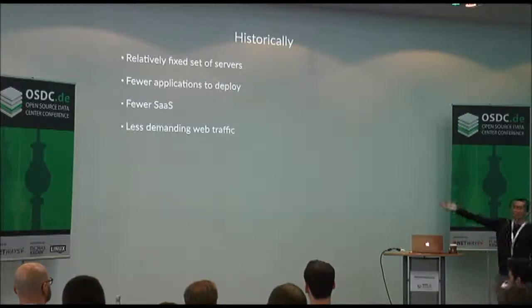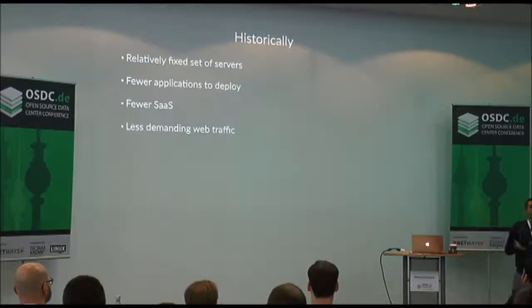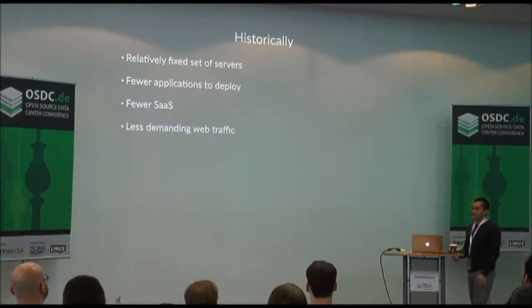And then there's just less demanding web traffic. This is a funny bullet point because it's kind of sad, but it's just a fact that there was just less internet connected devices. There was less robots hitting your things. It was usually humans in a browser. And now we just have to serve traffic to a lot of stuff that doesn't actually see it. Even APIs and stuff. There's just more and more stuff that we have to respond to and generate a response for.